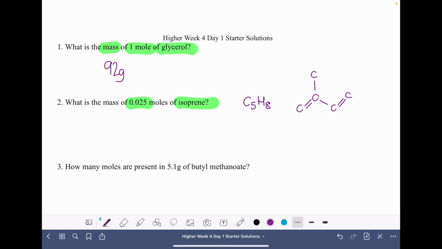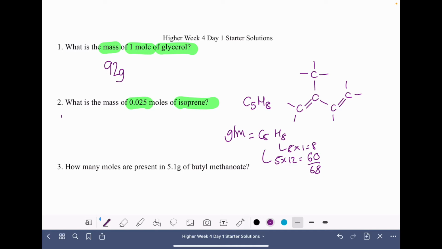And it has 1, 2, 3, 4, 5, 6, 7, 8 hydrogens. So we just need to work out the gram formula mass. 8 hydrogens, so 8 ones are 8, and then C5, 5 12s are 60. So that gives us 68.